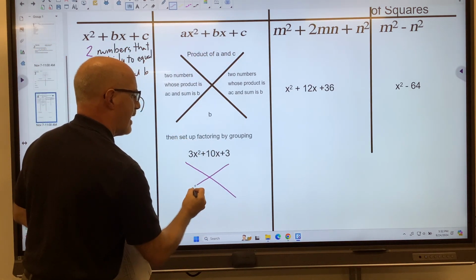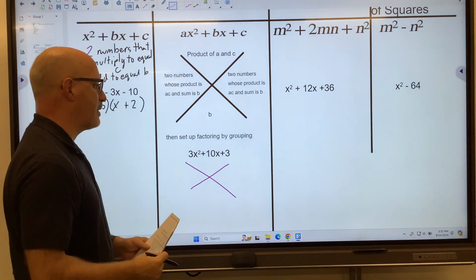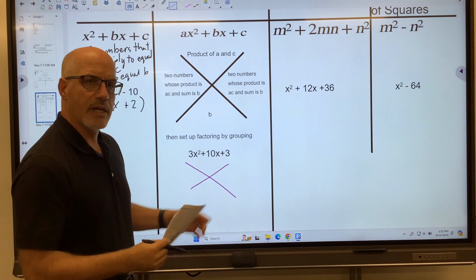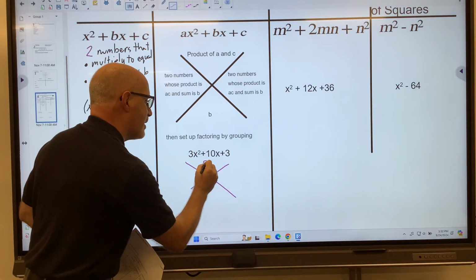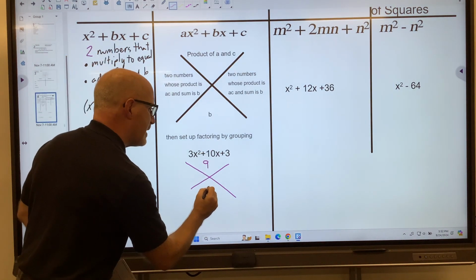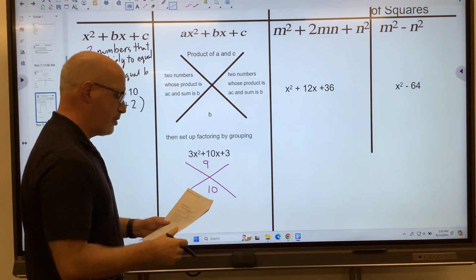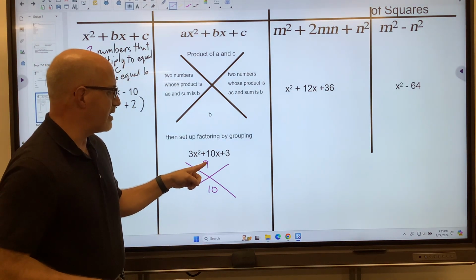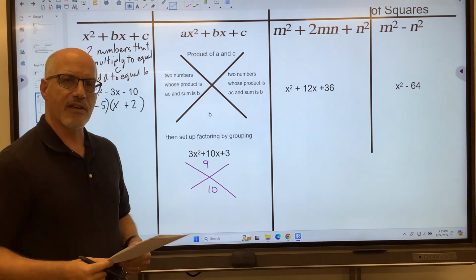So let's take a look at what this might be. For this problem, we want to set it up by taking 3 times 3, that gives me 9 right here, and then you just grab the 10 and put it down here. So now what we're looking for are two numbers that multiply to get 9 and add together to give 10.